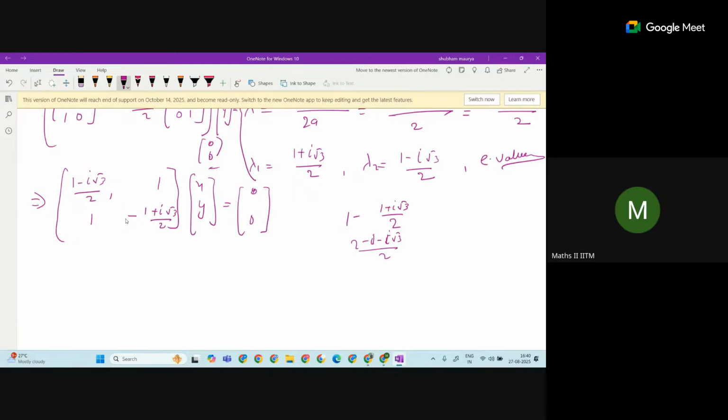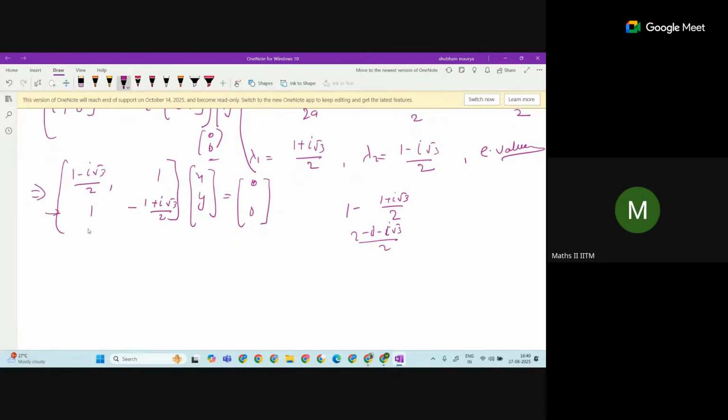Just observe, you will get only this. If you multiply row 2 by (1 − i√3)/2, you will exactly get this row, which is your row 1.